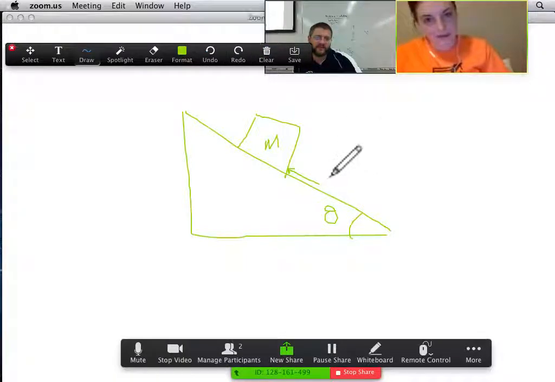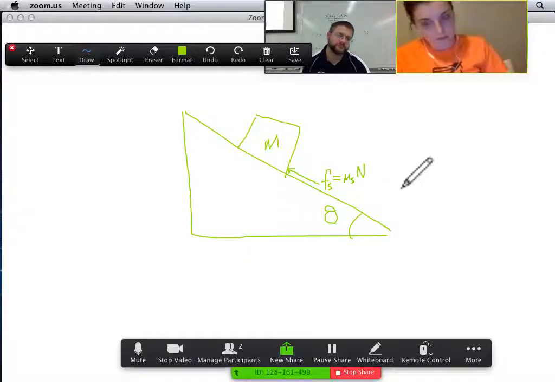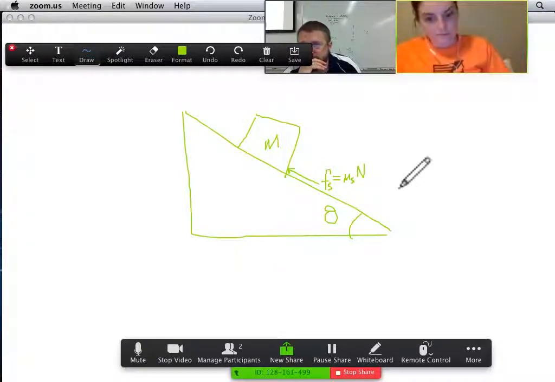Static because it's at rest. So friction static. And I'm just going to write the formula right here: mu s times the normal force, right?